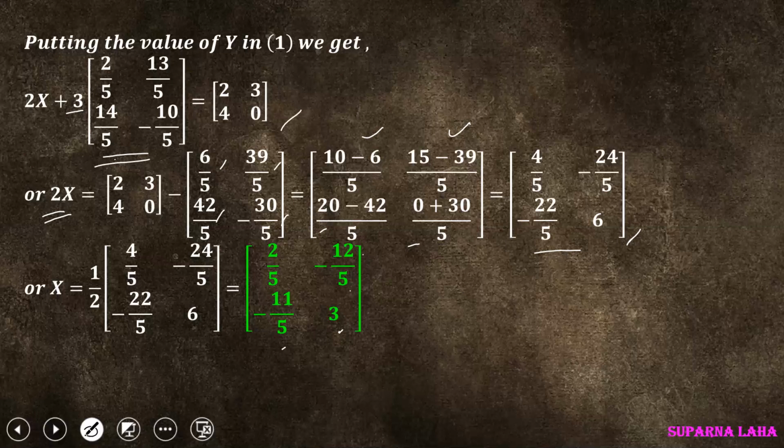I hope I don't need to explain each and every step of the calculation, that is the LCM portion, subtraction portion, addition portion. I'm just telling you the process. I think you are capable of understanding this. So this is the ultimate value for x. So you will find the value of x and y. Previously you already found the value of y. This is the value of y and here is the value of x.